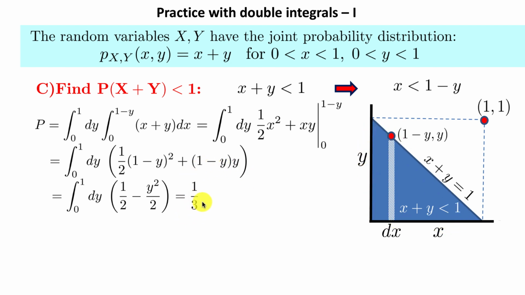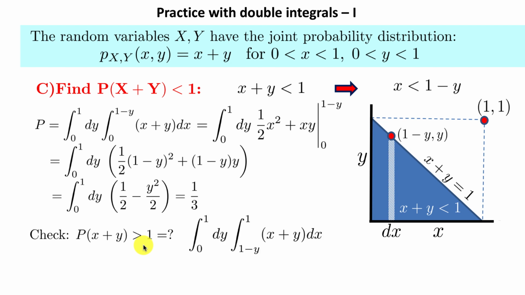So we've successfully calculated that the integration over this shaded region, the blue region over here, gives 1/3. You can now ask the question, what is the probability that x plus y is greater than 1? Actually, we already have the answer because the total probability has to be 1. So it's 1 minus 1/3, which is equal to 2/3. But let's just check if this is actually what we get upon calculating this directly.